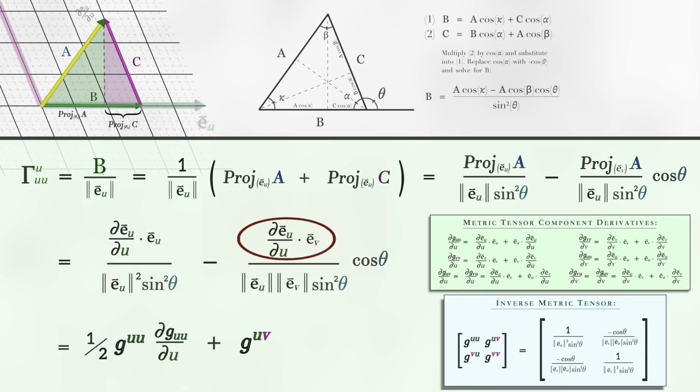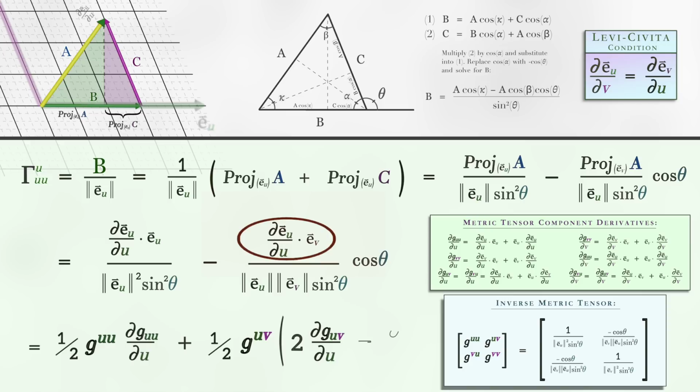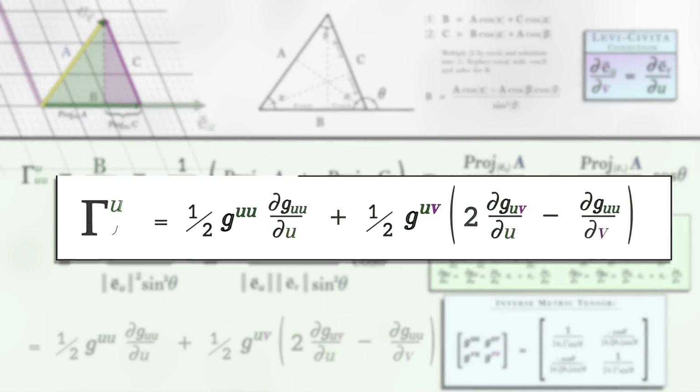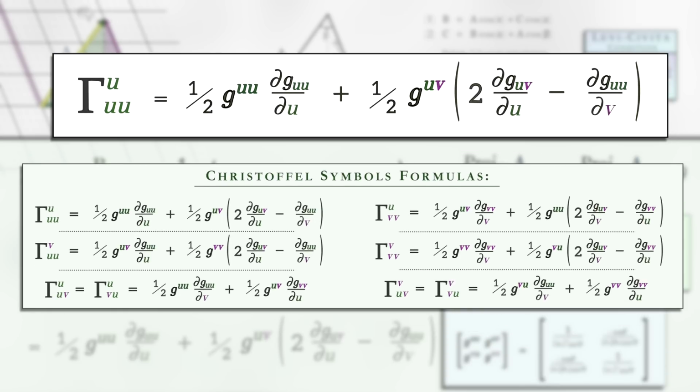And finally, this dot product, which can be found by imposing the Levi-Civita condition, equals 1/2 times (2 dGUV/du minus dGUU/dv). We see we now have arrived at the expression for gamma UUU, and likewise we can derive our other Christoffel symbols in a similar manner.